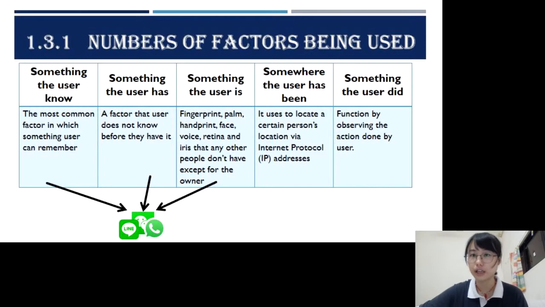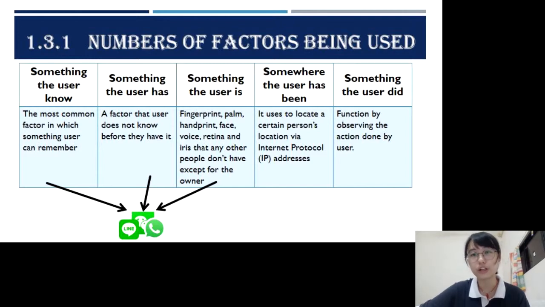So through our findings, we have investigated three social media applications that we chose, which are WeChat, Line, and WhatsApp. We found that these three social media applications use three types of factor authentication, which is also called multi-factor authentication.